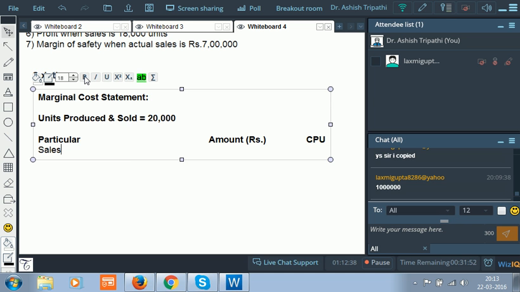So let us start. The first thing that we are going to take is sales. Selling price per unit is already given in the question, which is 50 rupees. So 50 into 20,000, as you said, 10 lakh is the amount of sales. CPU is 50. That is selling price per unit.